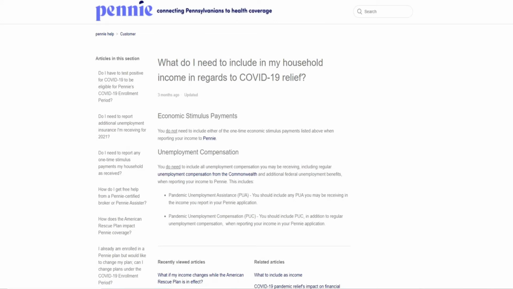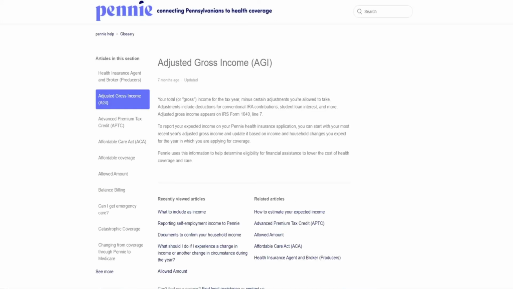Now, we go back to this notion of adjusted gross income. The first thing that I always make people aware of is my approach to wanting to help provide people with tools that they can actually use.